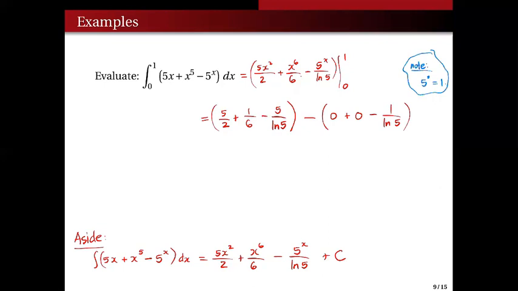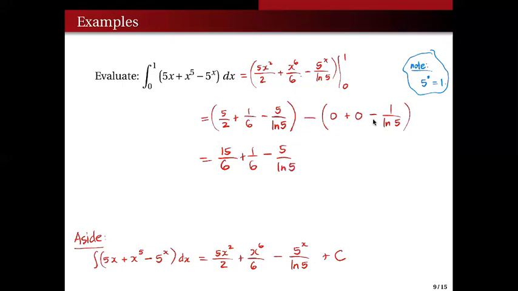So if we simplify this, we can combine 5 halves plus 1 over 6. So 5 halves is also the same as 15 over 6, then plus 1 over 6, then minus 5 over ln of 5.